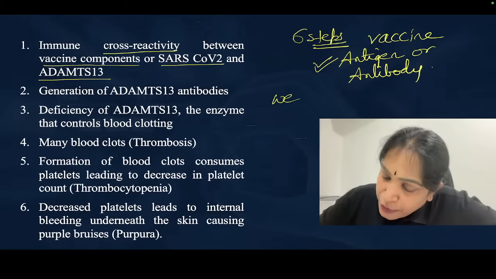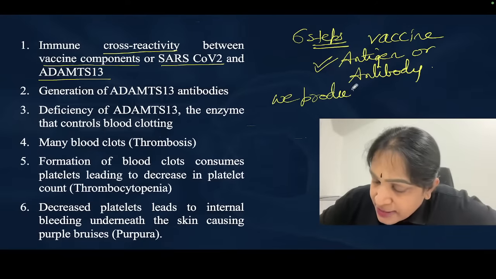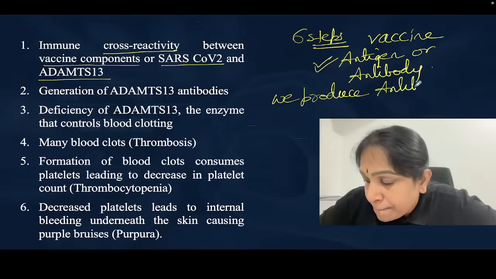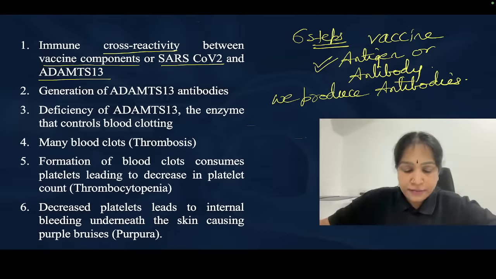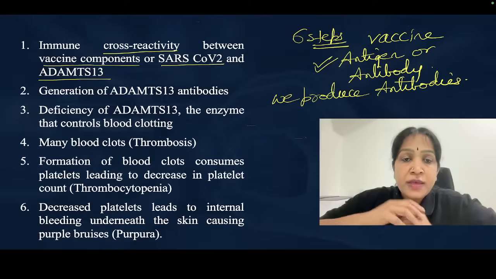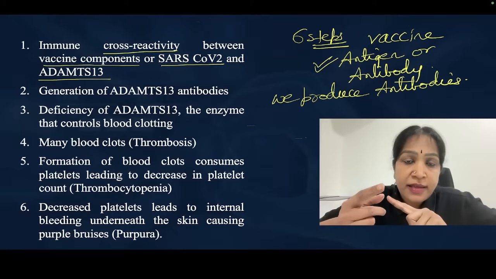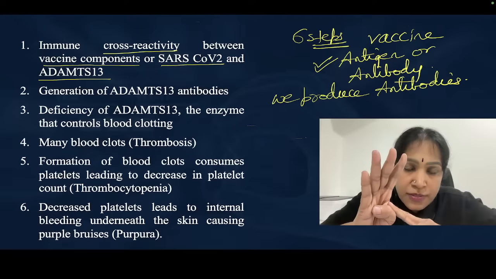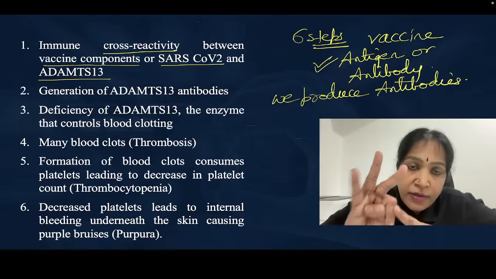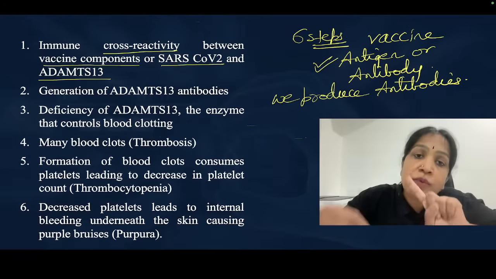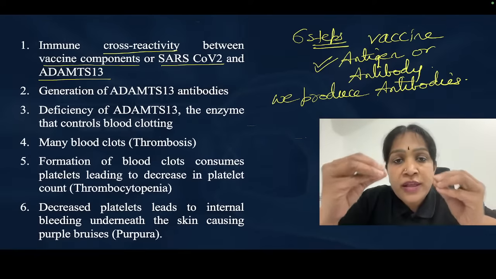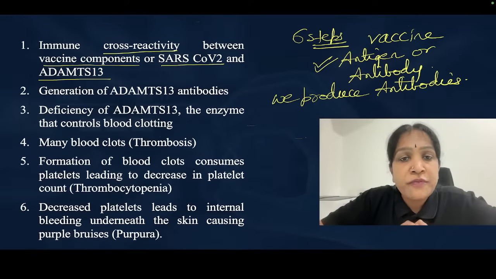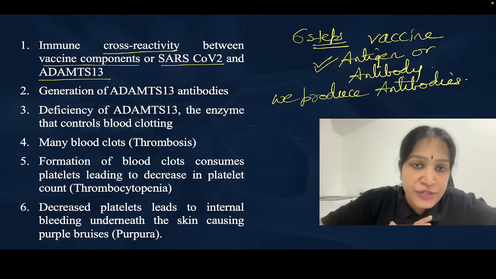And we produce antibodies, isn't it? So we send it either in a small dose, or inactivated or killed, or only one part of the virus, which we call subunit vaccines. Like that we inject.